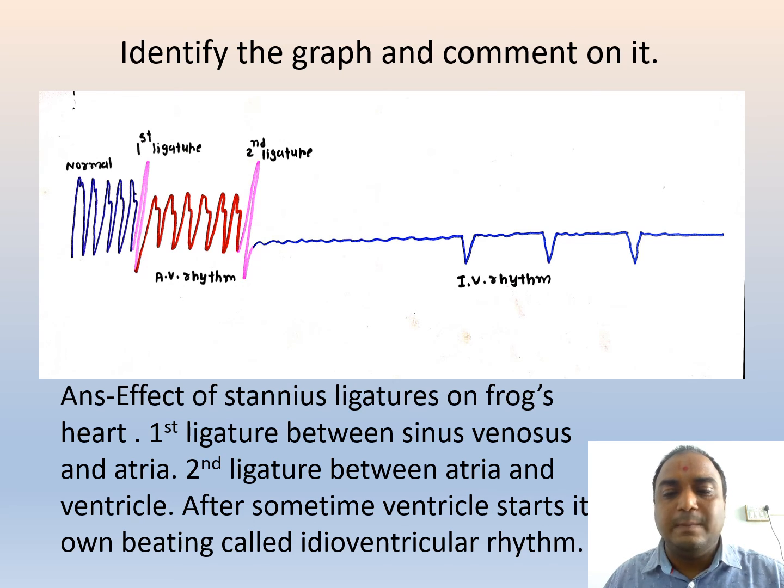The sinus venosus is the pacemaker tissue, just like the sinoatrial node, SA node, in human beings. When we apply a ligature between the sinus venosus and atria, you can still see some atrioventricular rhythm. Then when you apply the second ligature between the atria and ventricle, the atria cannot start their own rhythm, but after some time the ventricle starts its own rhythm, which is known as idioventricular rhythm.